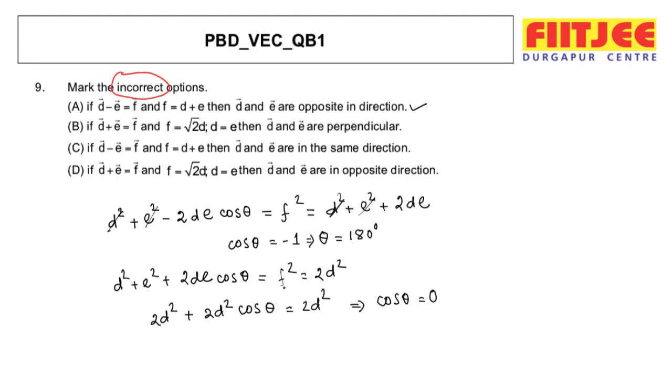So theta equal to 90 degree, that means they are perpendicular. That is also a correct option.